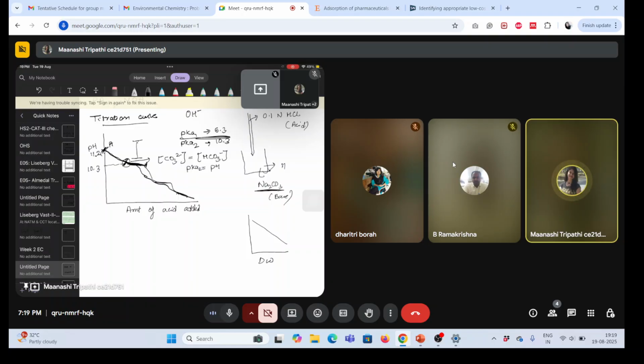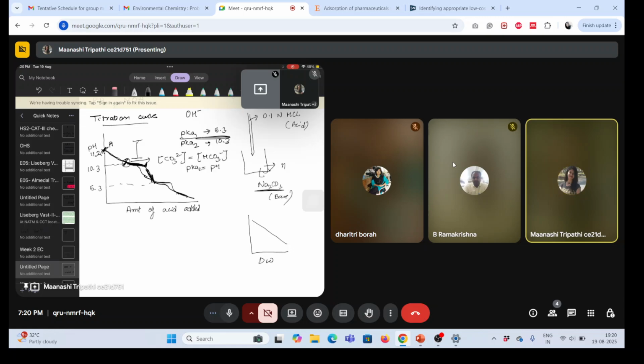Now at this position, since it has reached equilibrium and buffering capacity, after this for some time there won't be any significant change in pH. And still if we keep on adding, there will again be a rapid fall, and this pH will be 6.3. And here again, there will be a flat point.